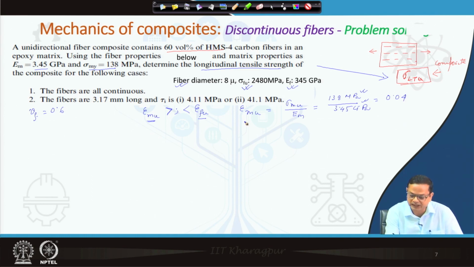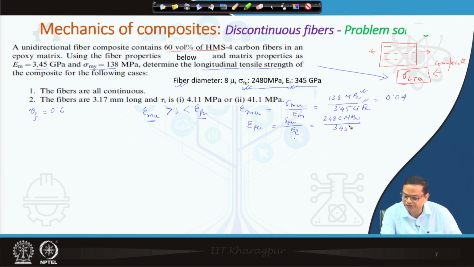Similarly, you also calculate the value of epsilon fu, and that will be equal to sigma fu over E of f, and from here you can get those values. So, sigma fu is given as 2480 MPa over Ef, which is given as 345 GPa.